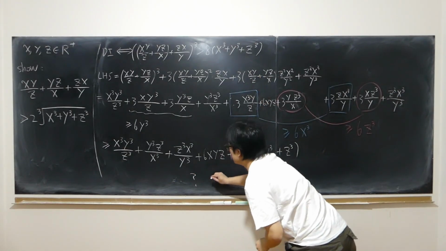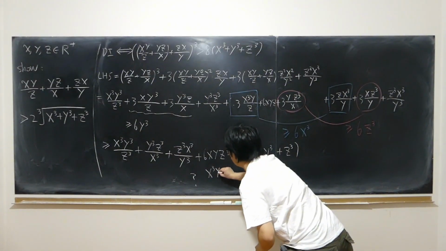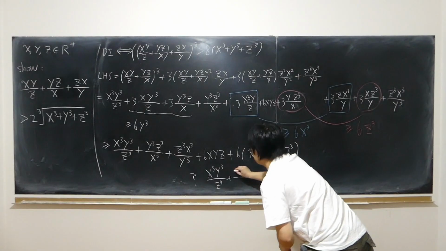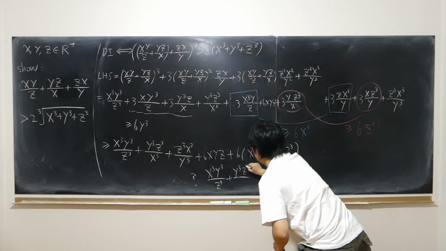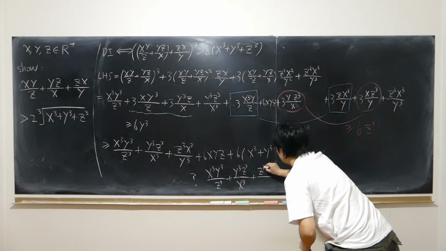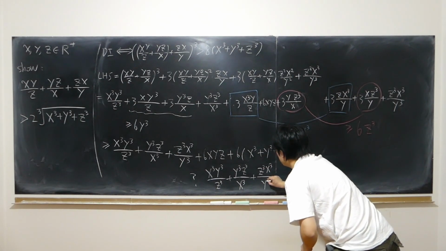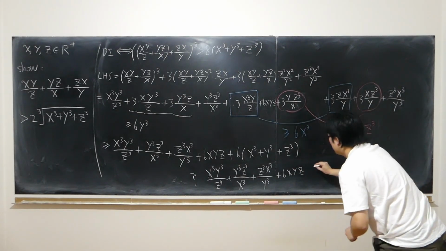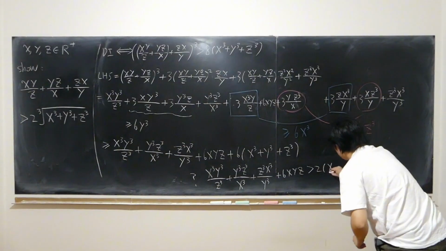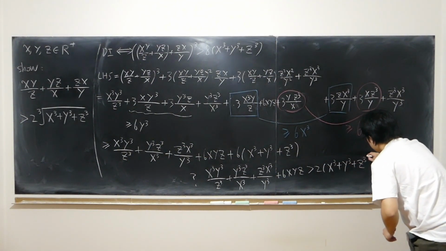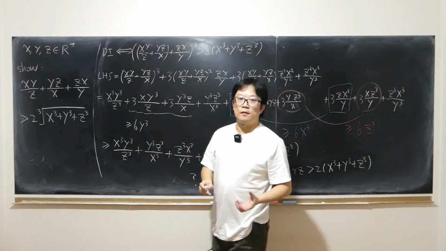As long as we can show that this over z cubed plus y cubed z cubed over x cubed plus z cubed x cubed over y cubed plus 6xyz is greater than twice of x cubed plus y cubed plus z cubed, then we're done.